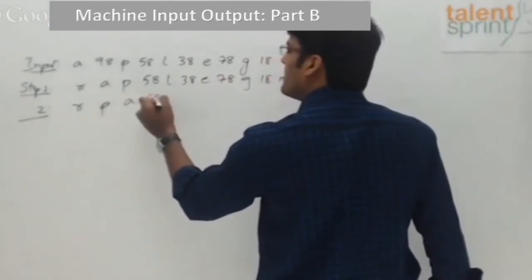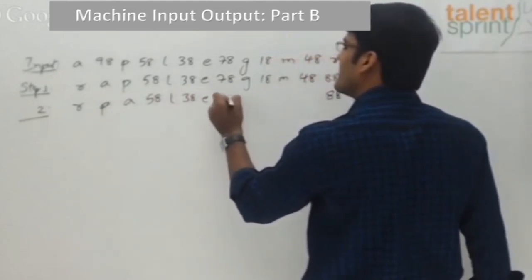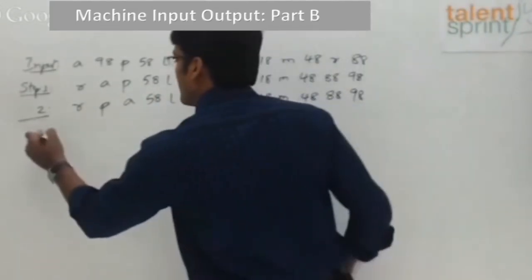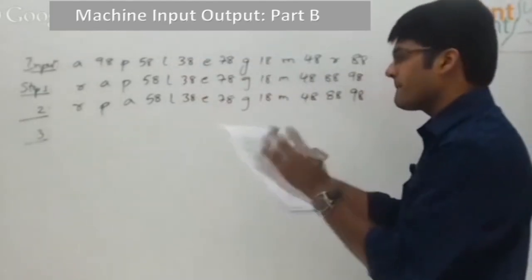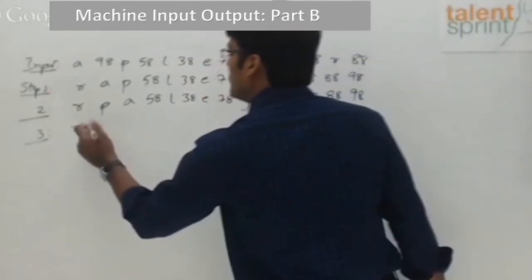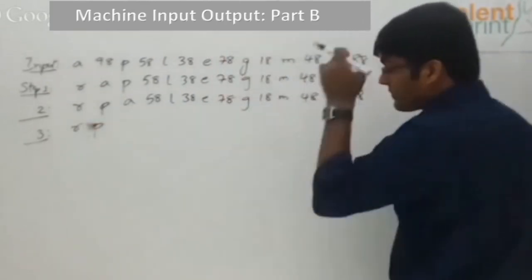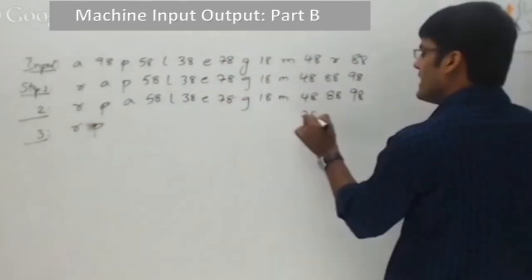Then copy the remaining things: A 58, L 38, E 78, G 18, M 48. Then step 3, right? Are we going right? So R, P, and what do we get? 78, 88, 98. Then write down the remaining things.